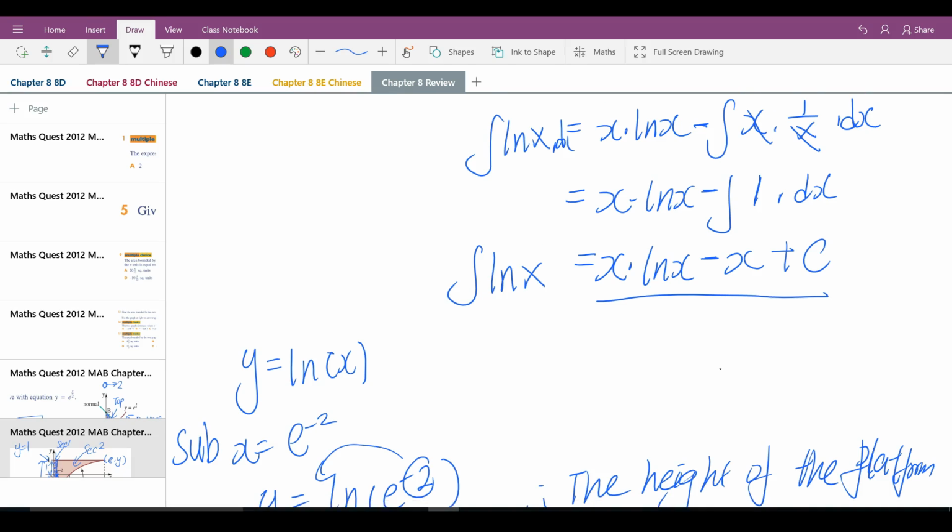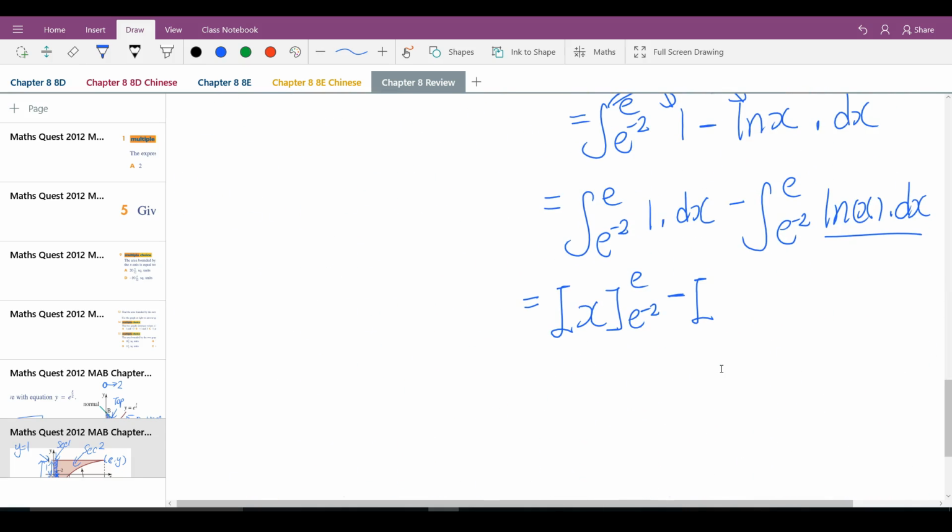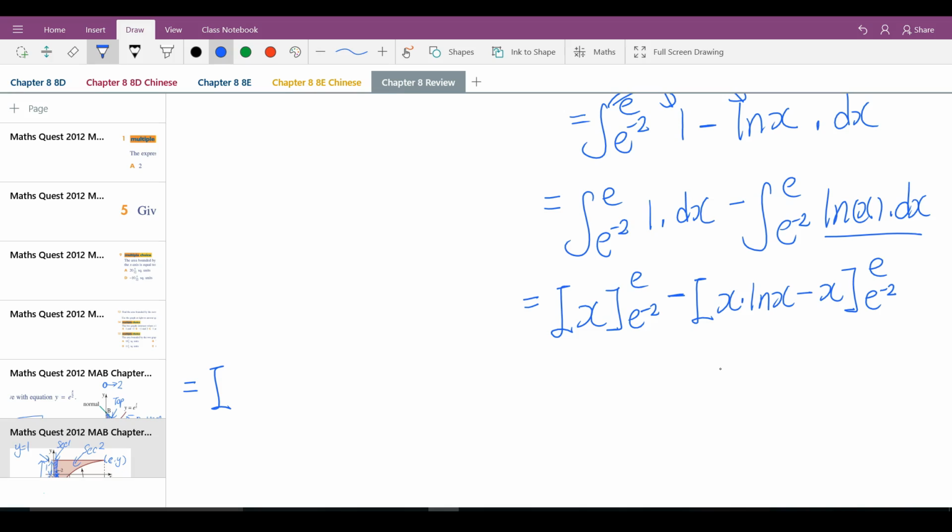But in this case, we don't have a c because it's a definite integral. So it will be just x ln x minus x from e to the power of negative 2 to e. All right, so we can put the numbers in now.